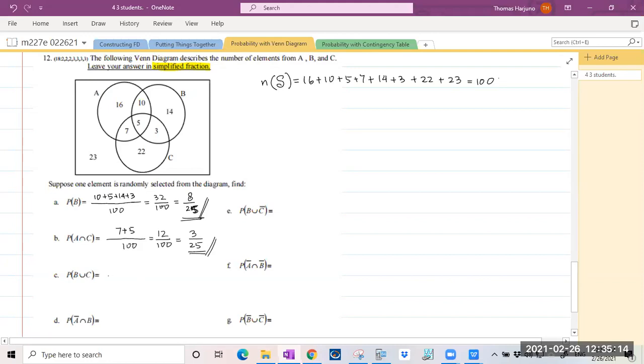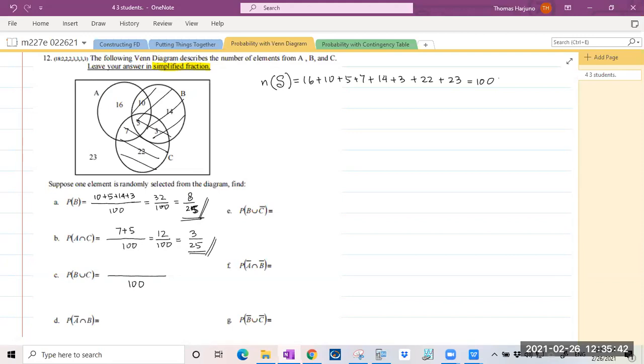Now part C, what is the probability of selecting from B or C? B or C, as long as you count it at least once, you count it in. So B or C refers to this region here. Because it is an OR, as long as it is shaded once, you count it in.